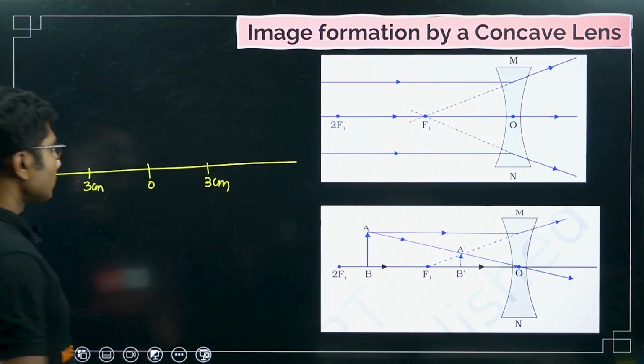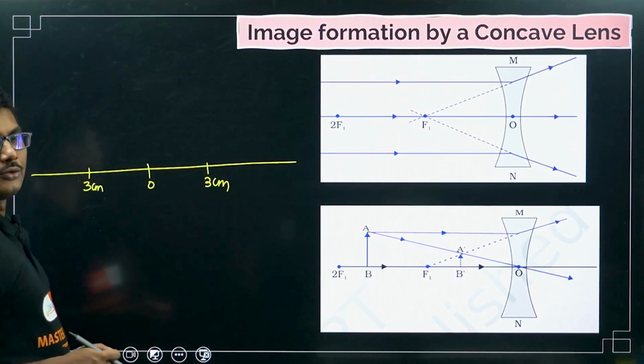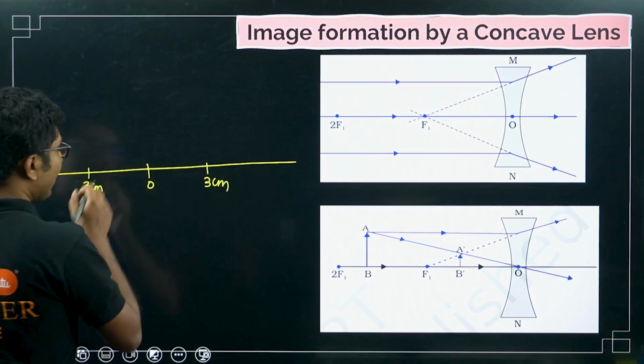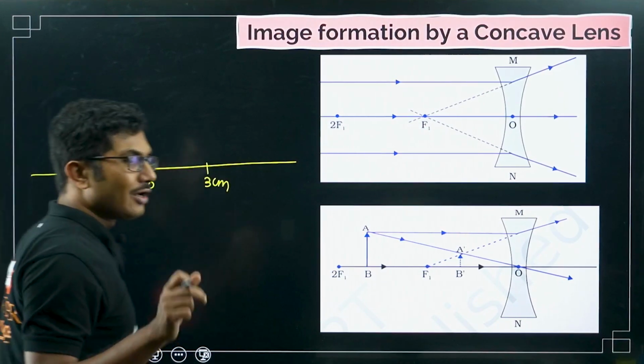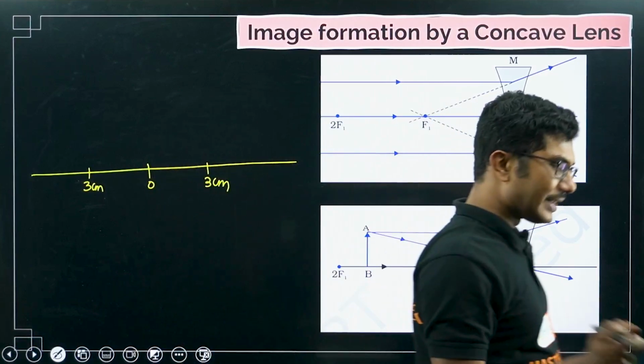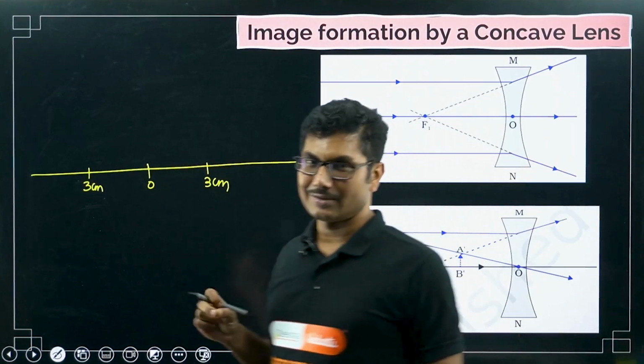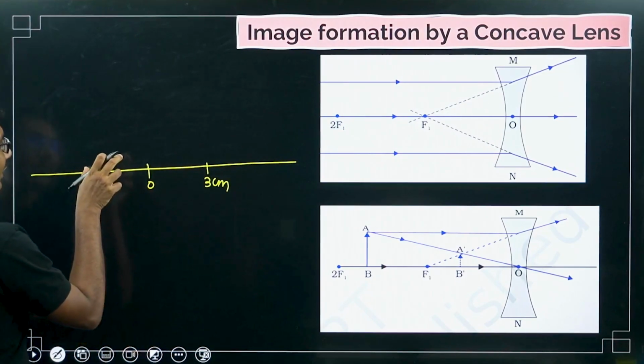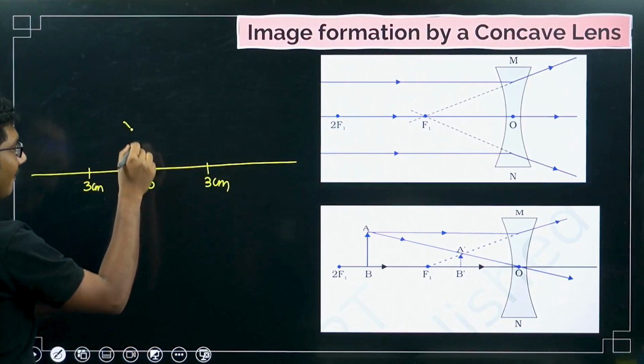Now, how can you draw a concave lens? To draw a concave lens, you should take a radius which is very close to 3 centimeters but slightly less, so 2.9. Put your needle here and draw a circle.